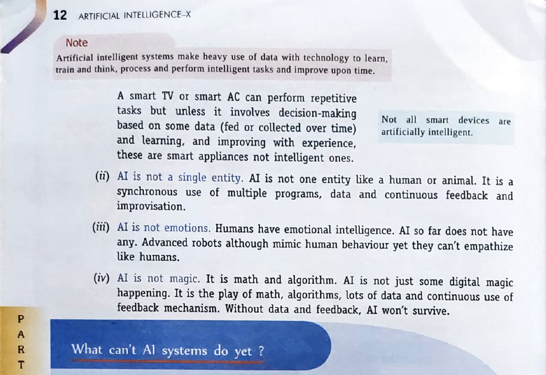A lot of data has to be there about the situation so that the machine can analyze it and choose or decide amongst the options. Then, after each result, it has to be given feedback so that it can correct itself in the next event, and it has to improvise.